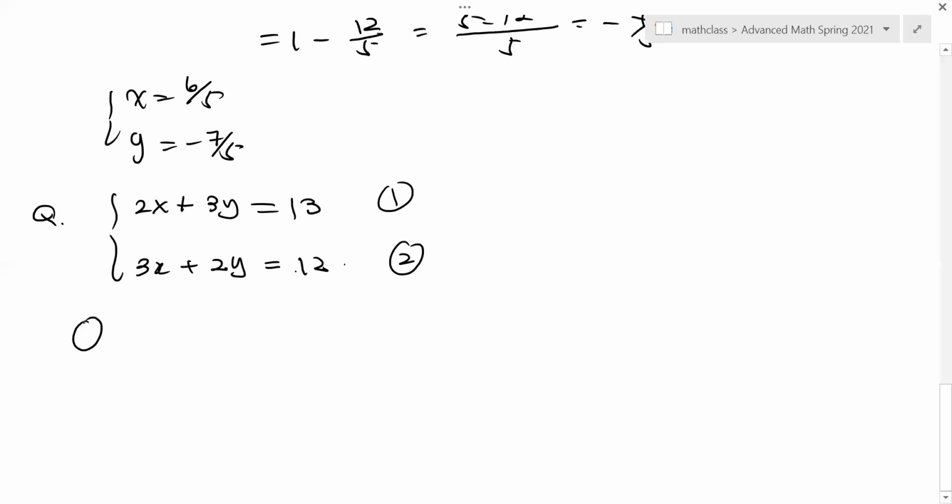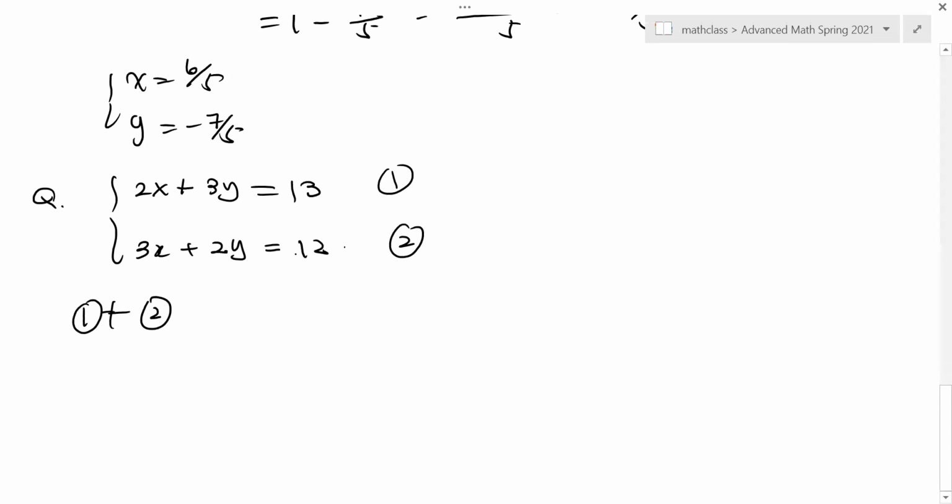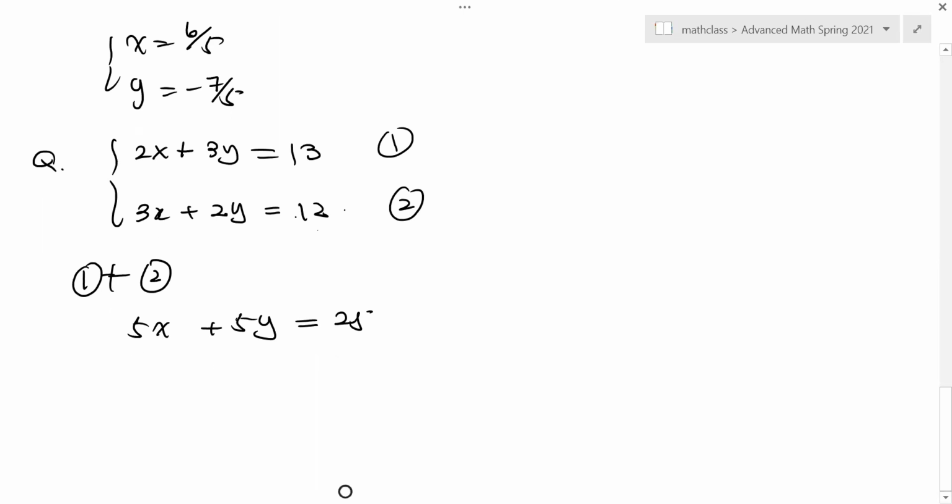Now we can do it like this: equation 1 plus equation 2. So 2x plus 3x will be 5x, 3y plus 2y will be 5y, and then 13 plus 12 is 25. I do not eliminate a variable, but I get a much simpler equation. Both sides divided by 5, so it becomes x plus y is 5. Now that's equation 3. Equation 3 comes from equation 1 and equation 2.